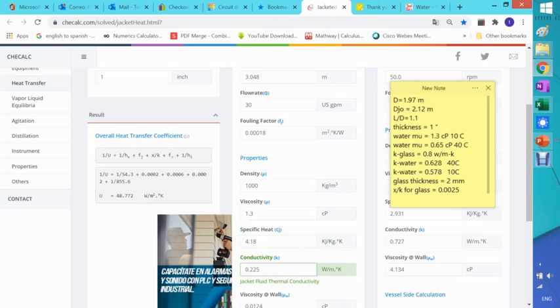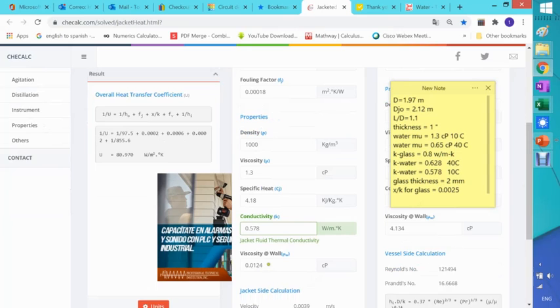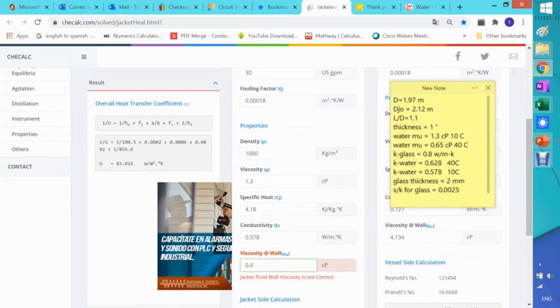So let's change this one to 0.578. And I'm saying basically that the jacket is about 10 degrees, and I'm cooling the reactor. That's what I'm saying. The wall viscosity will stay at 1.3. I will not change this one.